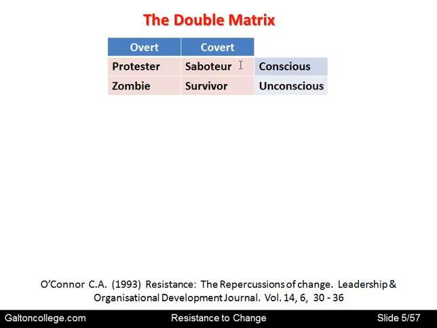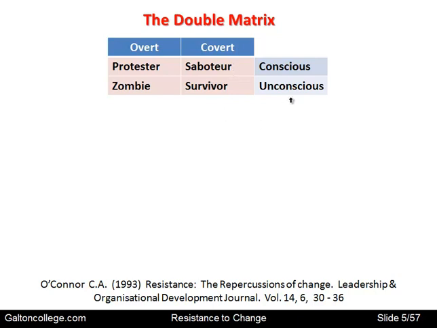They're doing it consciously. Now they might be consciously trying to resist the change, but doing it covertly. Now, in which case they're a saboteur. They're trying to damage the whole process of change, but they're trying to do it secretively and with stealth. They're not making it obvious that they're resisting it, but they're becoming saboteurs.